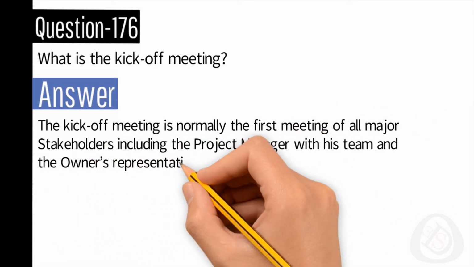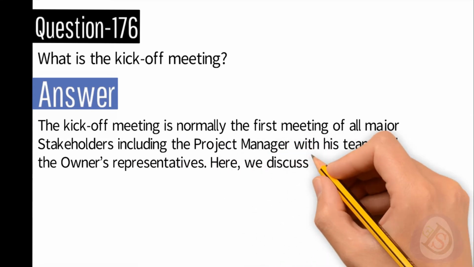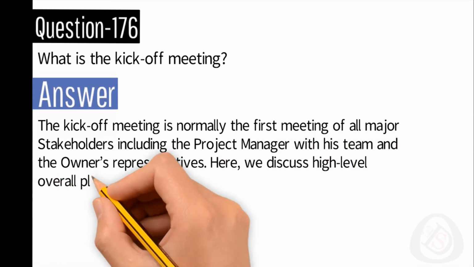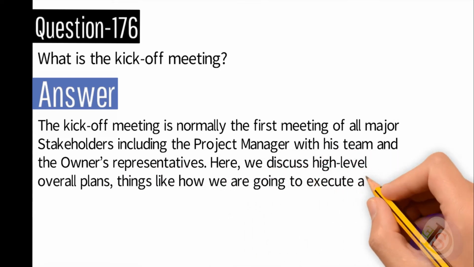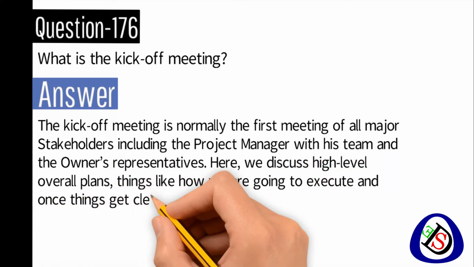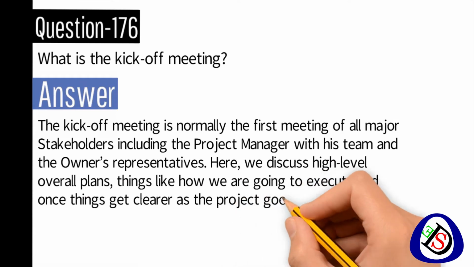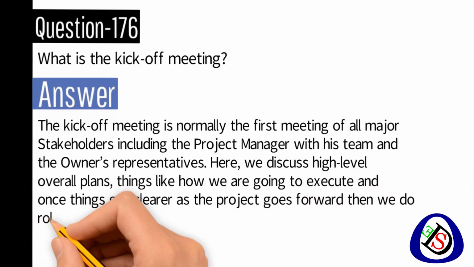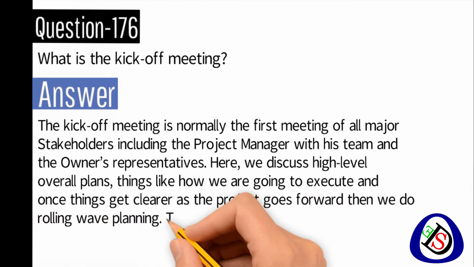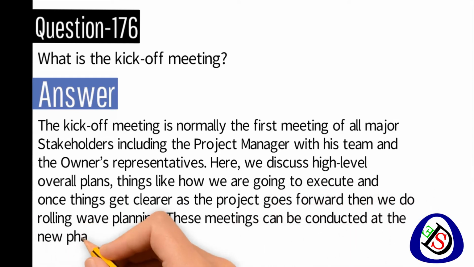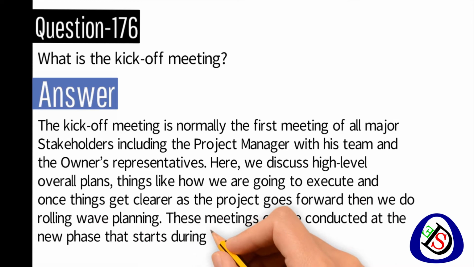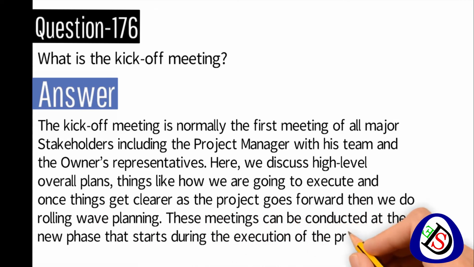Here we discuss high-level overall plans, things like how we are going to execute, and once things get clearer as the project goes forward, then we do rolling wave planning. This meeting can also be conducted at a new phase that starts during the execution of the project.